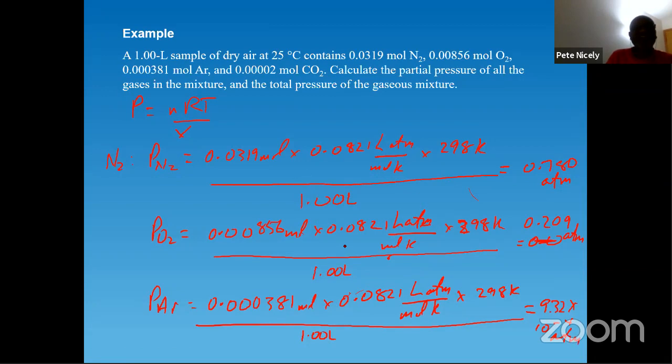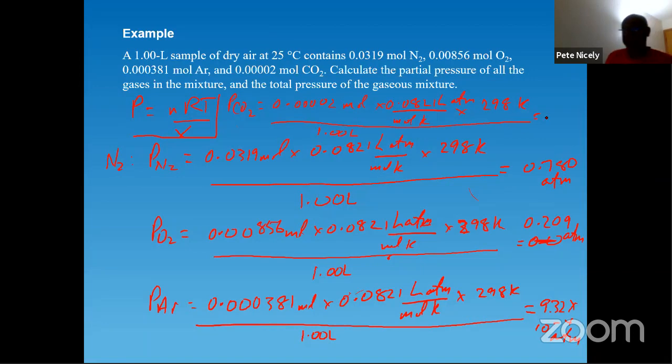I'm running out of space here, so let me try to squeeze that here. For carbon dioxide, PCO2 would be equal to 0.00002 moles times R, which is 0.0821 liters atmospheres over mole Kelvin, times the temperature, which is 298 Kelvin, all divided by 1.00 liters.